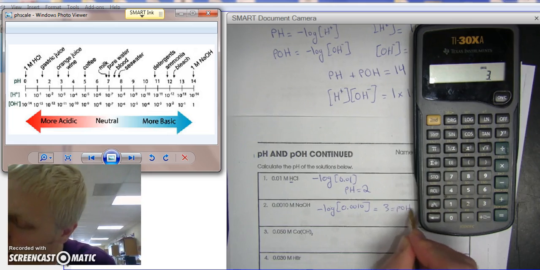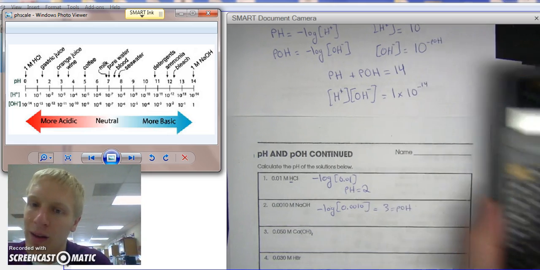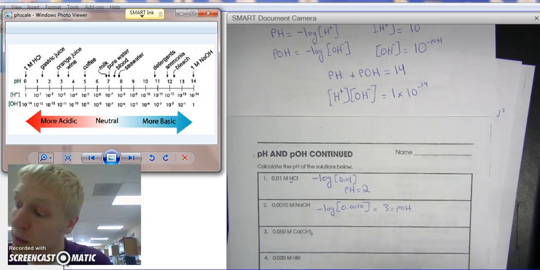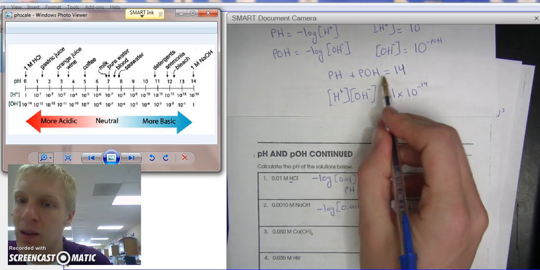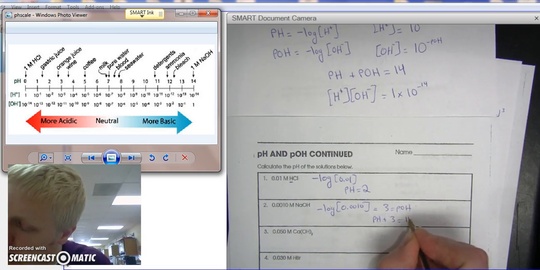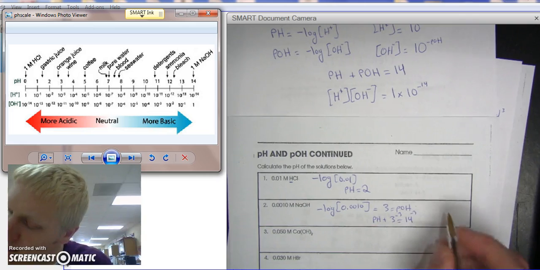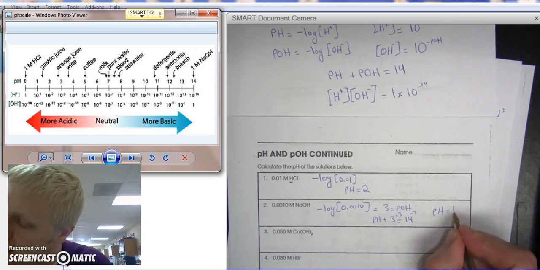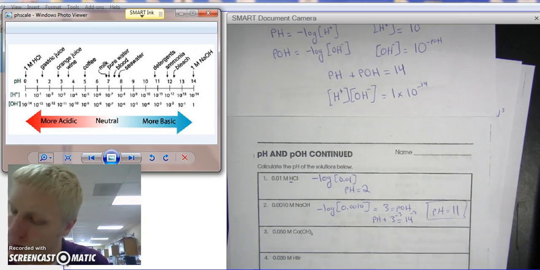That's my pOH. And now, in order to convert pOH to pH, I use pH plus pOH equals 14. So my pH plus 3 equals 14, minus 3 from both sides, my pH equals 11.